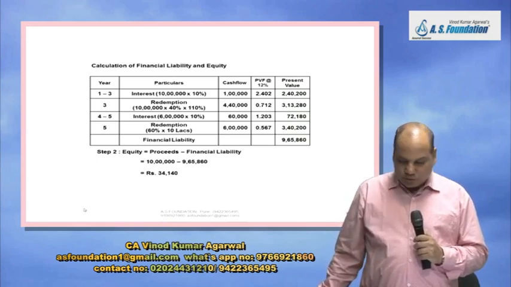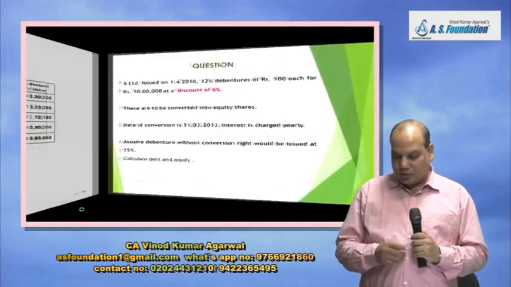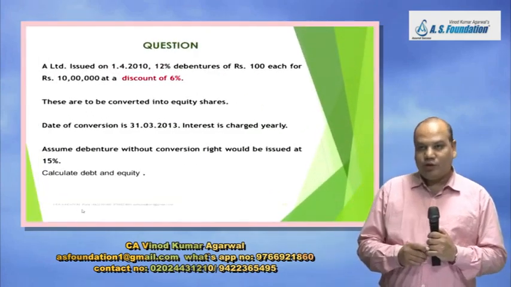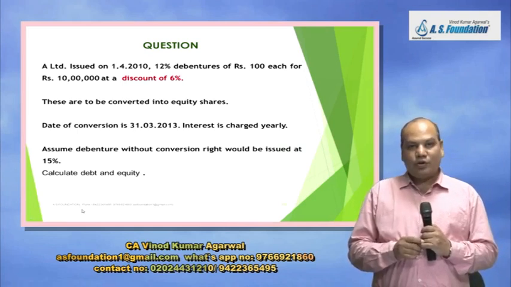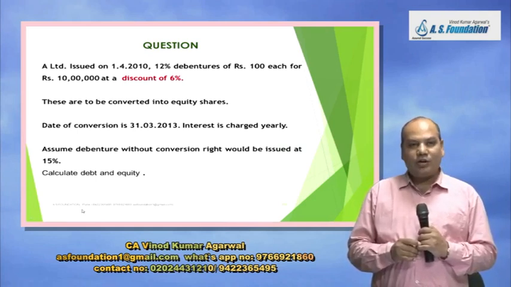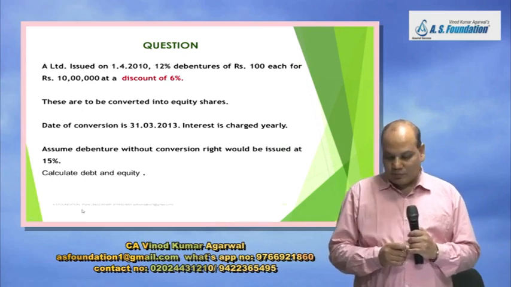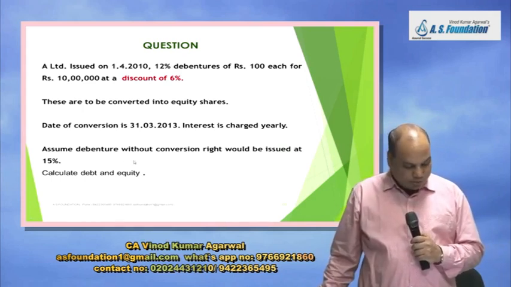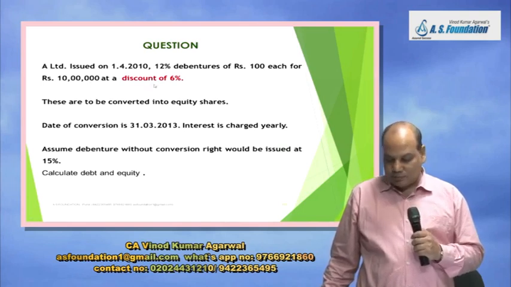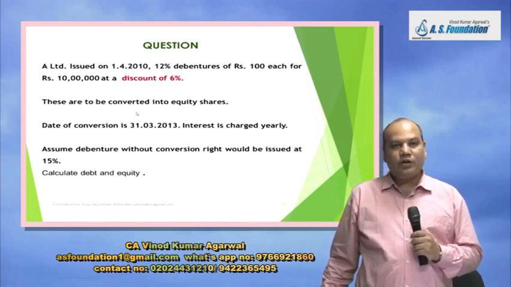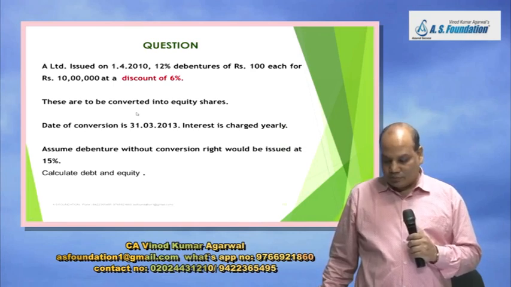Okay, now come to the next question. Number 30. A Limited issued on 1/4/2010 12% debentures of rupees 100 each for rupees 10 lakh at 6% discount. Discount, underline 6%. So your proceeds will be 10 lakh minus 6%. These are to be converted into equity shares.